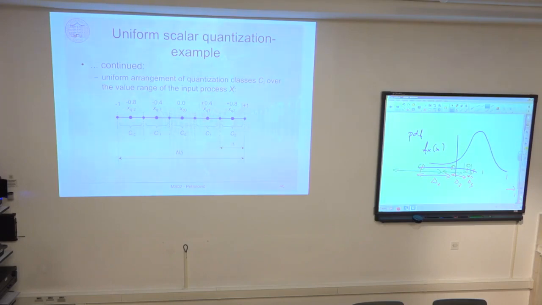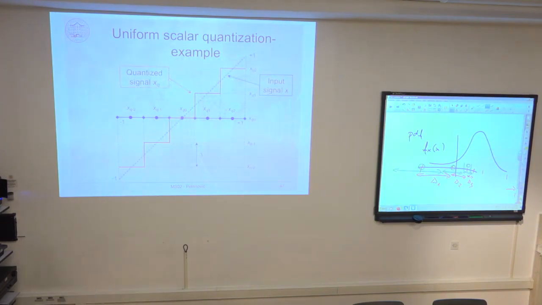Either by constraining the number of output bits per symbol, it must be 3, then arrange the quantization levels non-uniformly based on the PDF of the signal. Or the other way that we will use is to always use uniform scalar quantization with the same step size for all the values, and then rely on the entropy coder to reduce the rate.